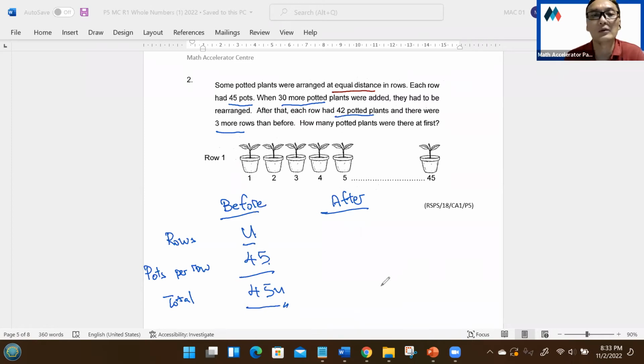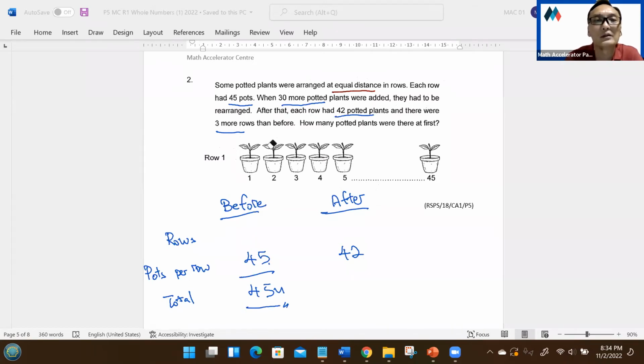So Chloe, is it okay now? So the next thing is, after you added some plants, we have 42 potted plants per row, right? So each row has 42. What is the unit? You can put units. If you're not clear, we can write 1 unit.